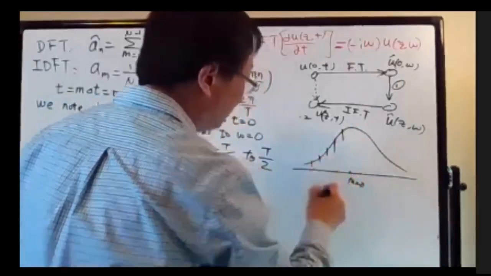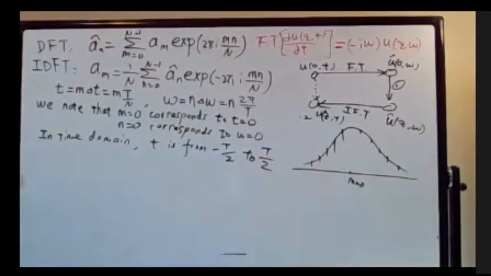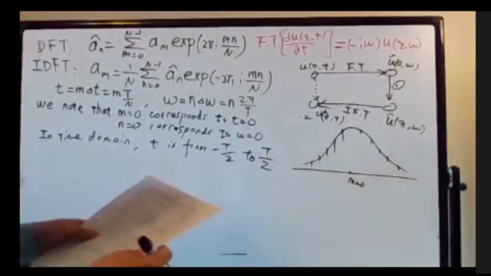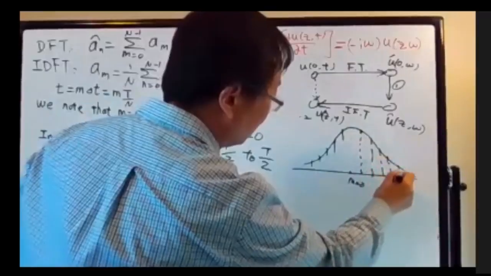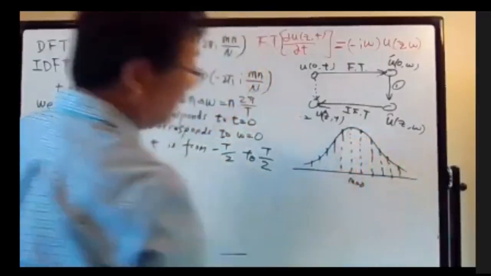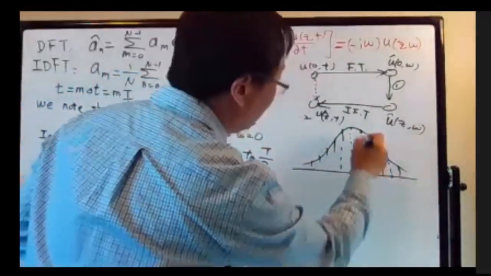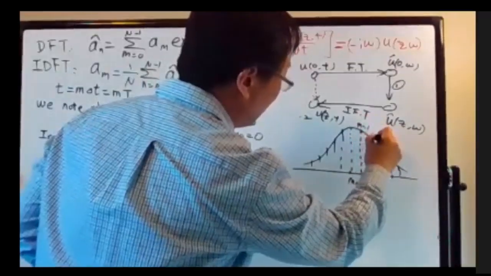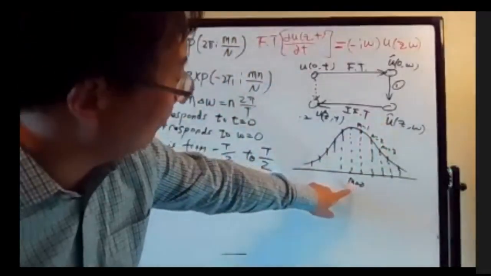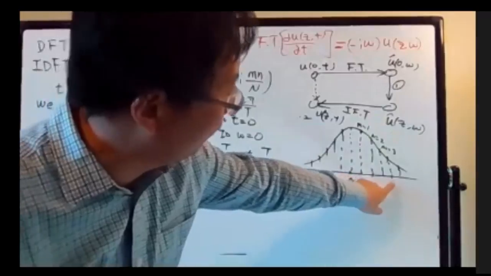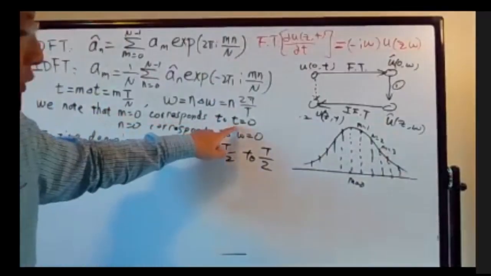I'm exaggerating a little bit, but usually delta t is way smaller than what I draw here. I just want to make it clear for you to see. Then m equal to 1, 2, 3, 4, 5, because when m is 0 it corresponds to t equal to 0.